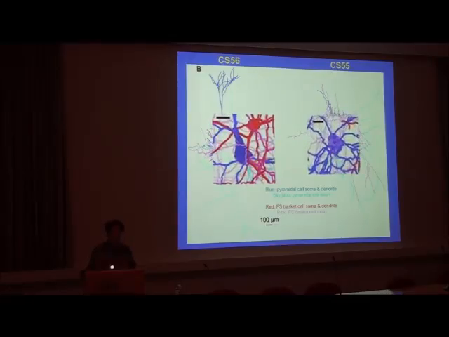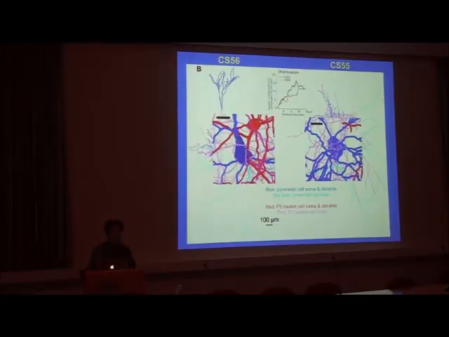And then we realized that CS56 is surrounded by fast-spike basket cell terminals, but in comparison, CS55 is surrounded by a small number of axon terminals of the fast-spike basket cell. Here, many more fibers surround the postsynaptic pyramidal cell soma.